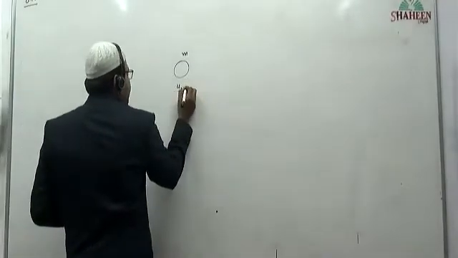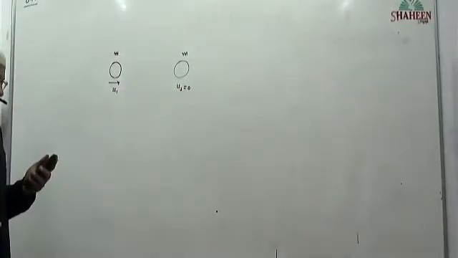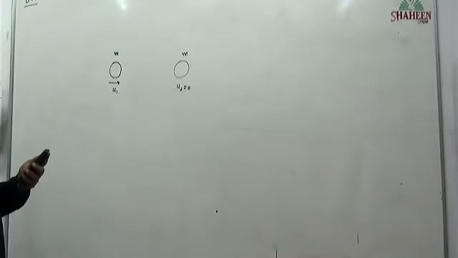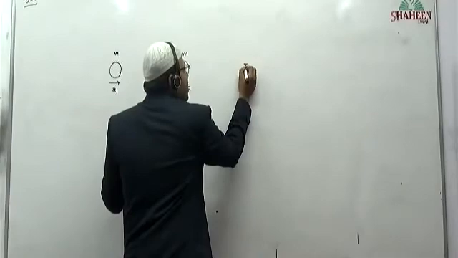U2 is 0, beta. But during the collision, B is giving an impulse to the body A. How much is the impulse? J. J is the impulse.